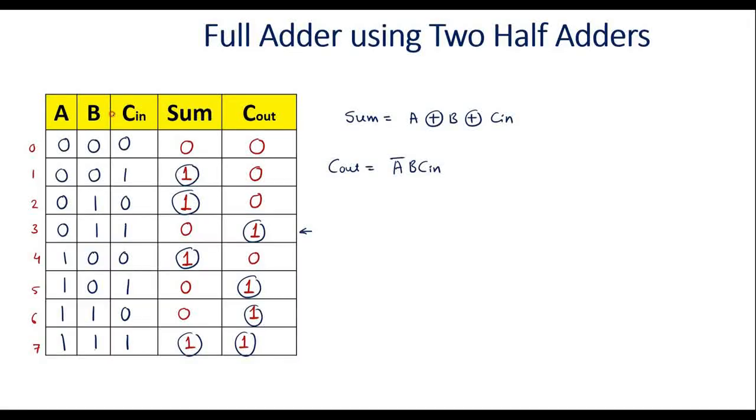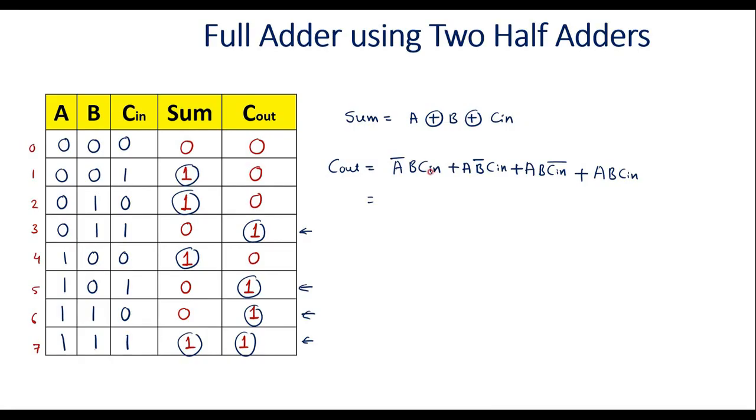If it is 1, we have to take the direct variable. And here we have 1, which is A, B bar, Cin, plus here we have A, B, Cin bar, plus here we have A, B, Cin. That is A, B, Cin.